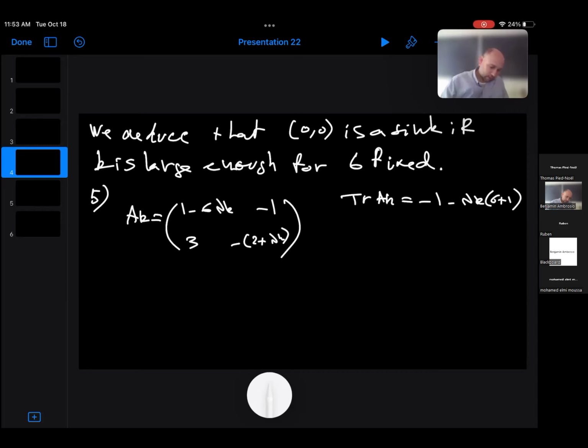And the determinant now, I will write it a little bit in a different way, because I want to make sigma appear alone.